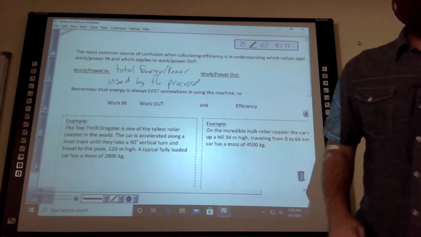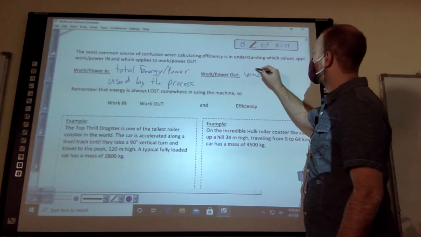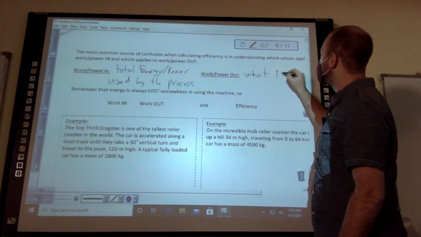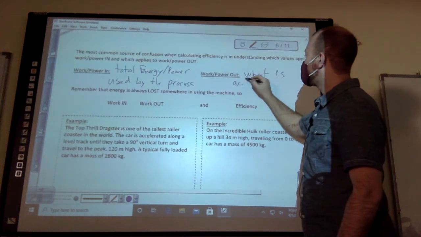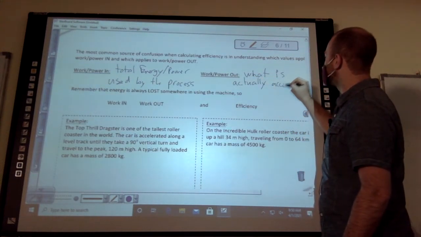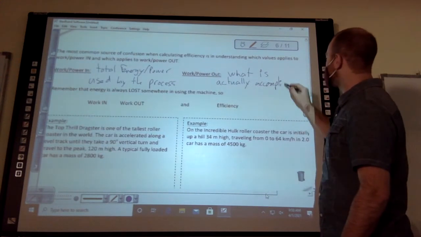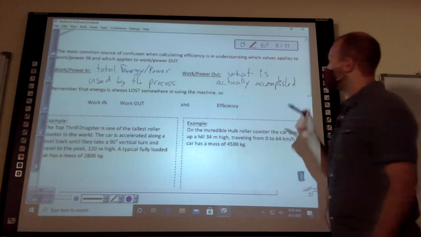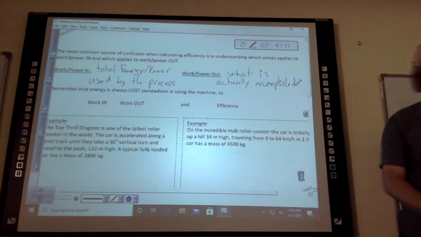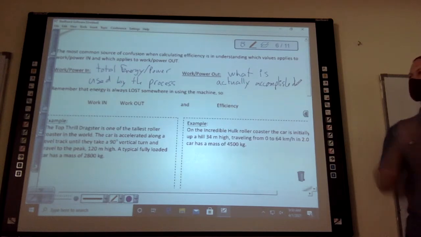So looking at the output, this is what is actually accomplished. So what is my output energy or output power? This is what you actually did in the process.